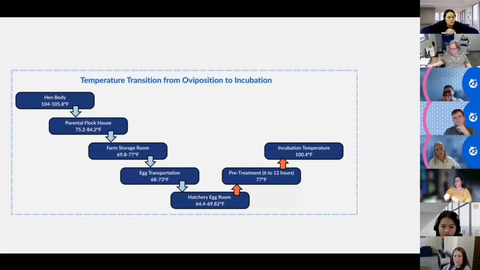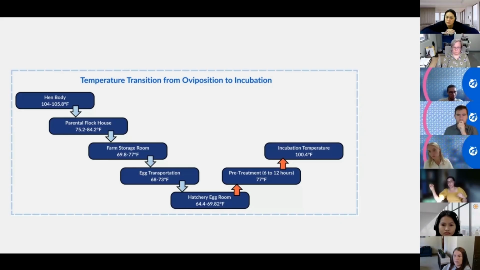The setter machine will run at 100.4 Fahrenheit, but between the hatchery room and the setter machine, I need to start slowly and increase the temperature slowly. This is where I already mentioned the pre-treatment, which is between 6 and 12 hours. The longer the storage time, the more time you will probably need.